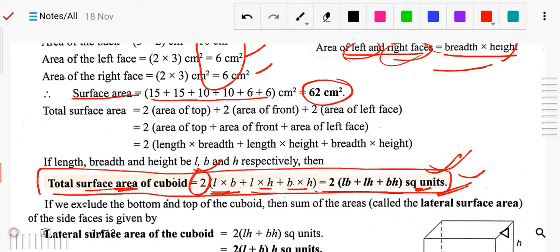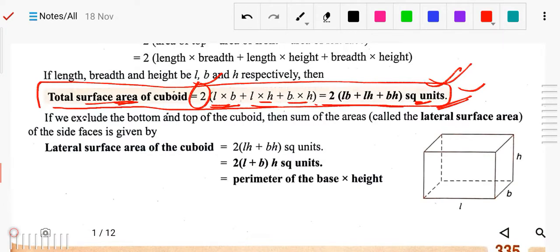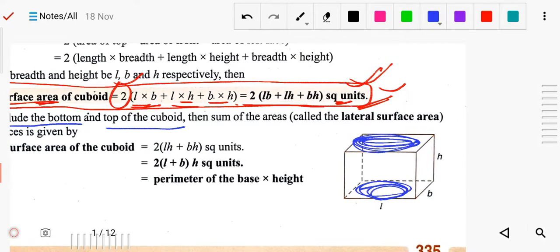Next, suppose this cuboid is open at the top and bottom. If we exclude the bottom and top part of a cuboid, meaning it is not closed but open, what will we do? We can exclude these two portions, the top and bottom.